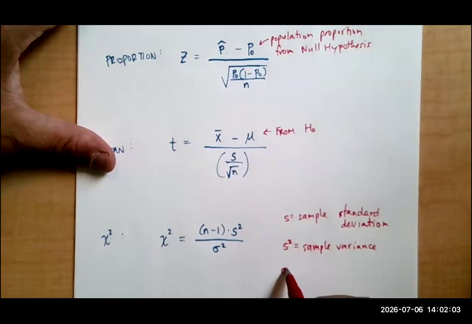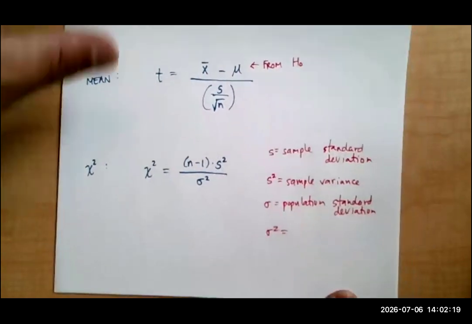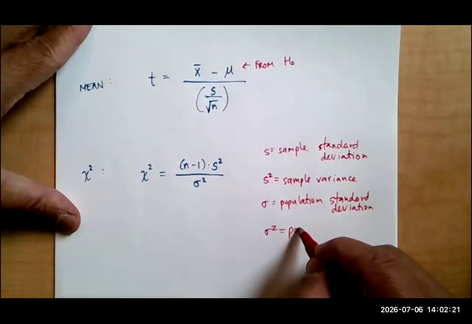And similarly, sigma is the population standard deviation, that value that we're assuming to be true in our null hypothesis. Or again, if they've already done the squaring, they might provide you the population variance.